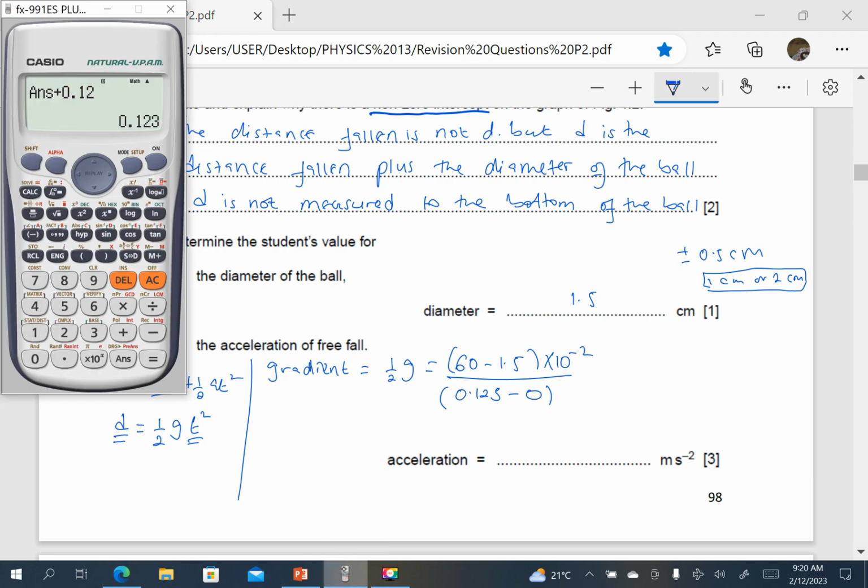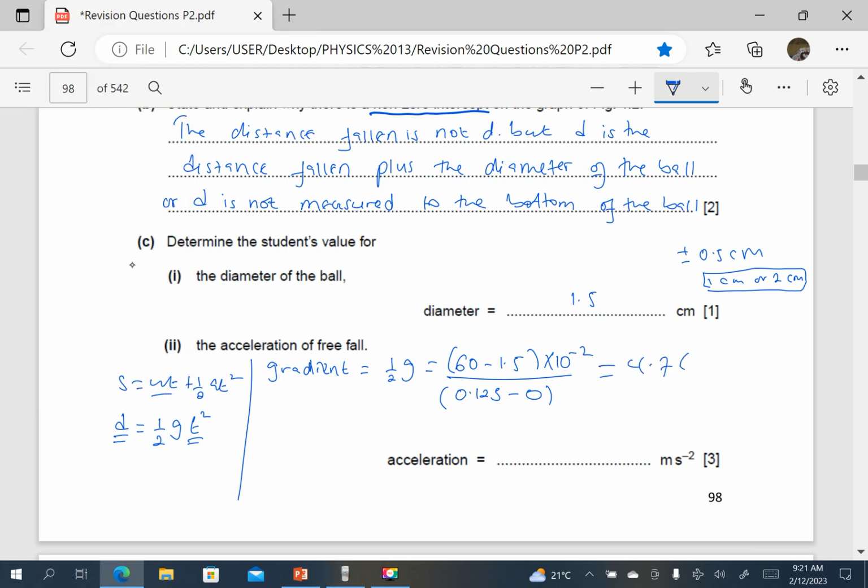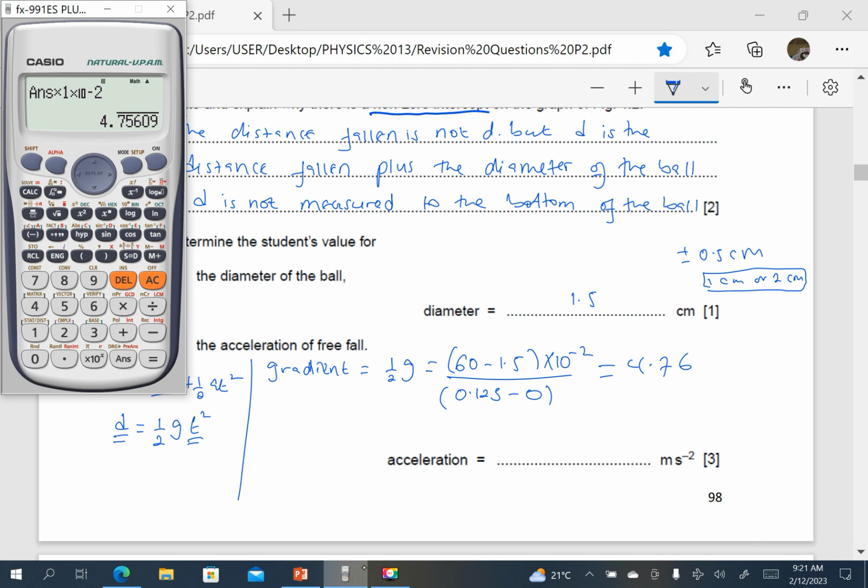So this is going to give us 60 minus 1.5 divided by 0.123, which gives us 4.75 times 10 power negative 2, which is 4.76 recurring.